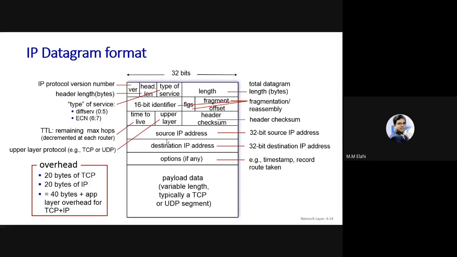So if there is no information about the header anywhere in a question, you can safely assume the header is 20 bytes, right? Is everyone clear? Can we move on?